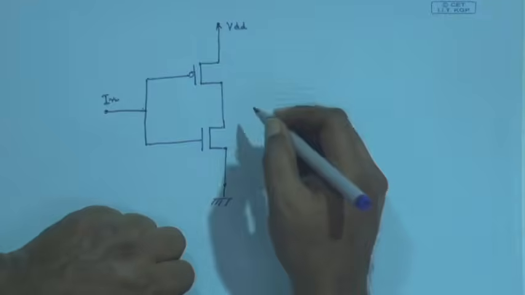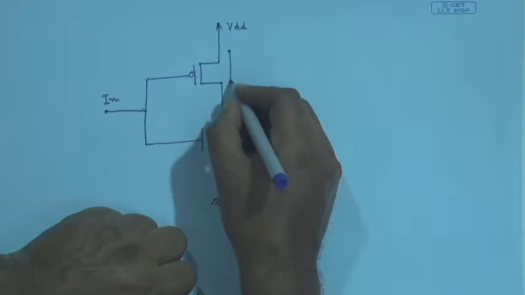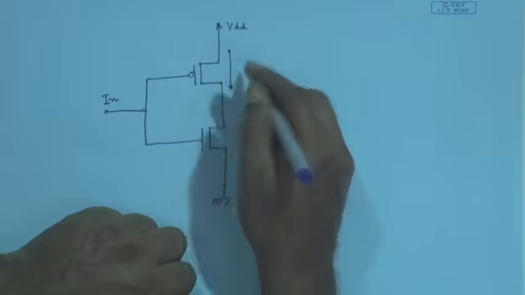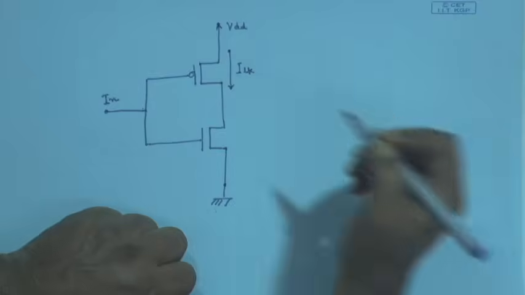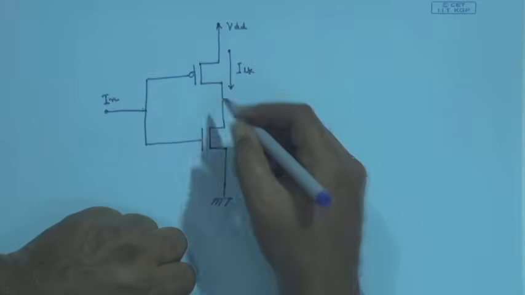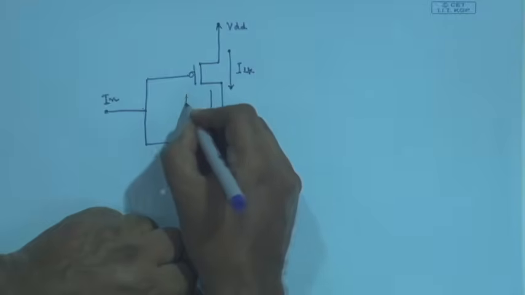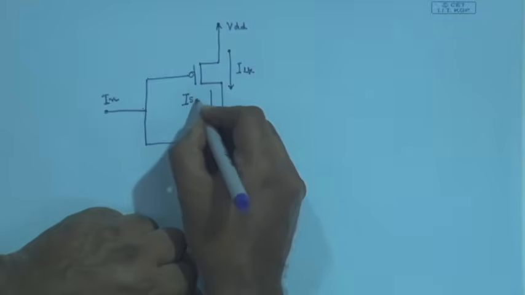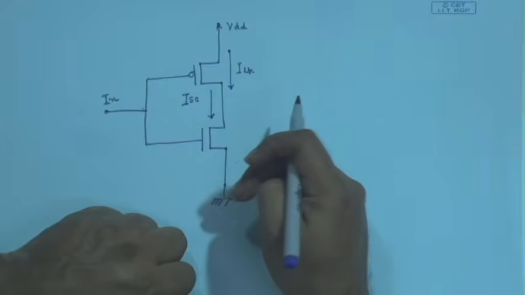So, from here we have got some current that is flowing even when the transistor is off, that is the leakage current. I write it as ILK, the leakage current, right. Whenever this transistor is on, then there is a short circuit current, that is the current is flowing through this, right.